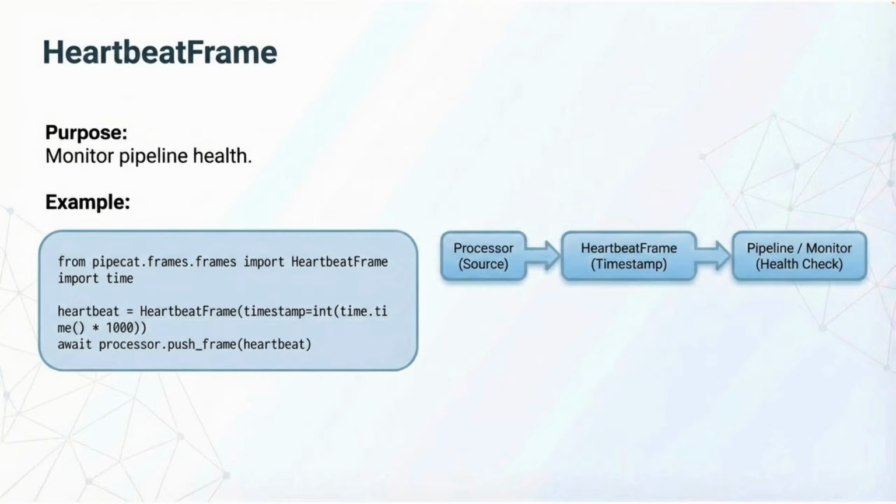It is used for long running sessions and production deployment, and it is mainly used for monitoring. So that's why we have this heartbeat frame, and any processor, when we want to monitor, we push that frame and send it.